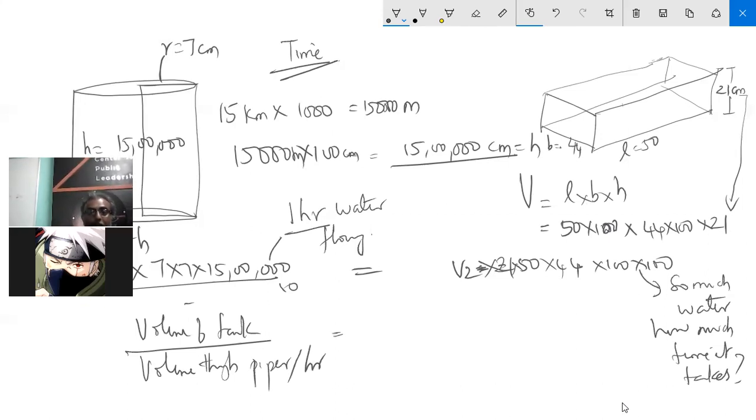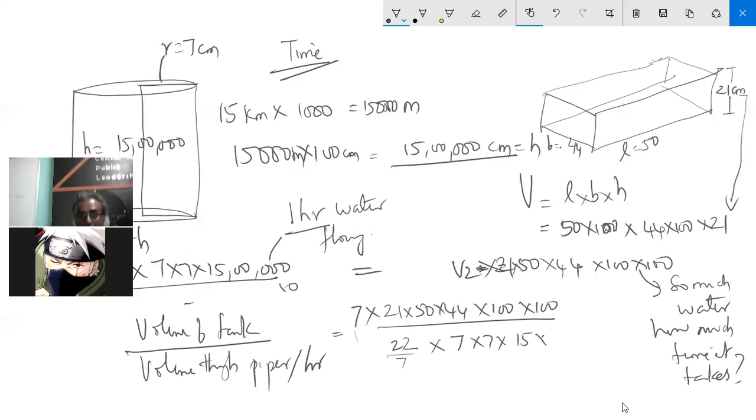That means 21 into 50 into 44 into 100 into 100 divided by 22 by 7. This 7 will go here, into 7 into 7 into 15 into 100 into 100 into 10.